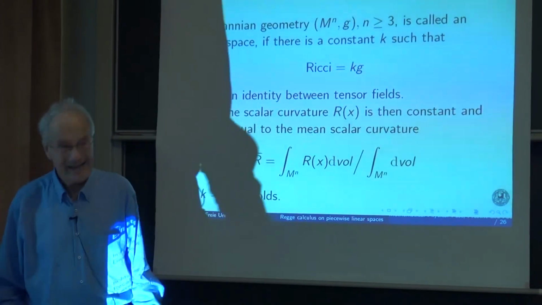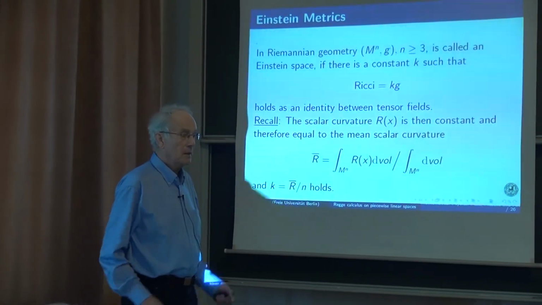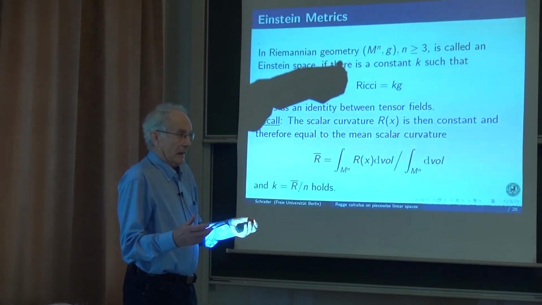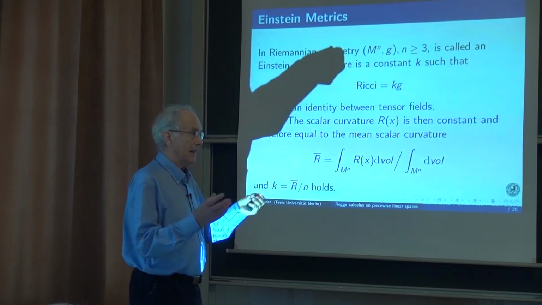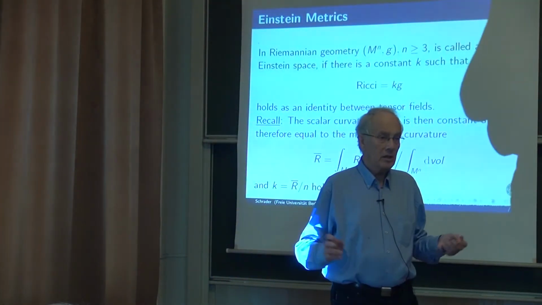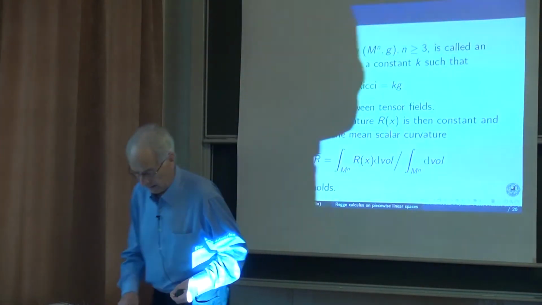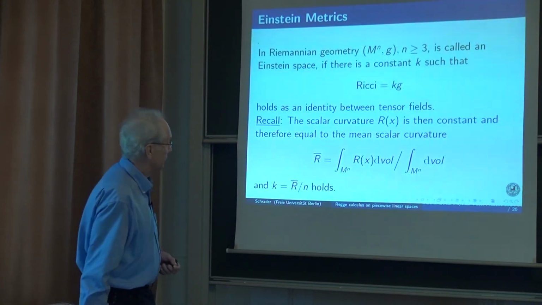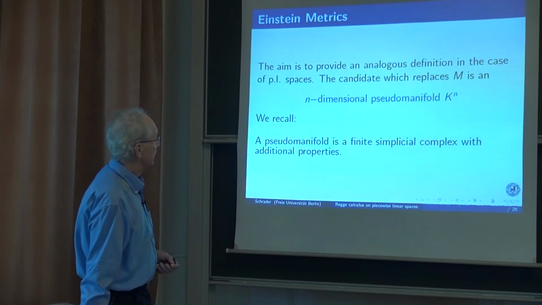So the question is, can one find a PL version of this? I recall the theory of Einstein spaces is a difficult subject, and not too many examples are known. So it would be nice to have some additional instrument to understand this, also in the classical case.